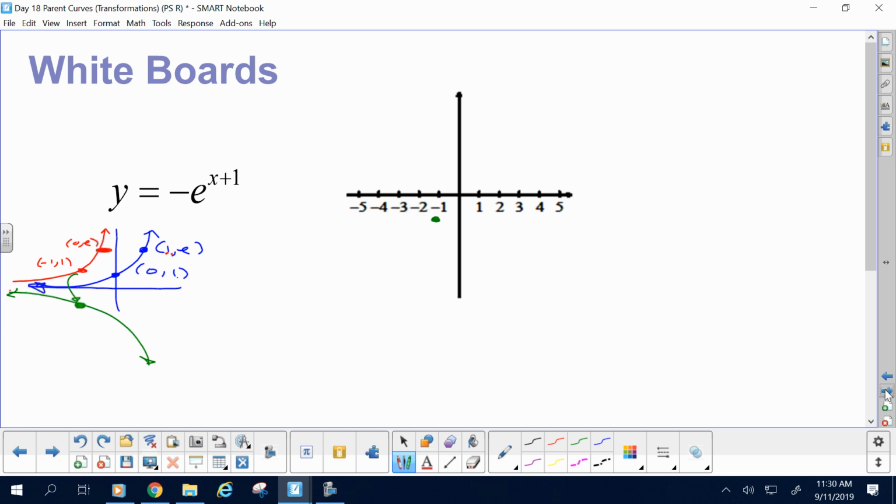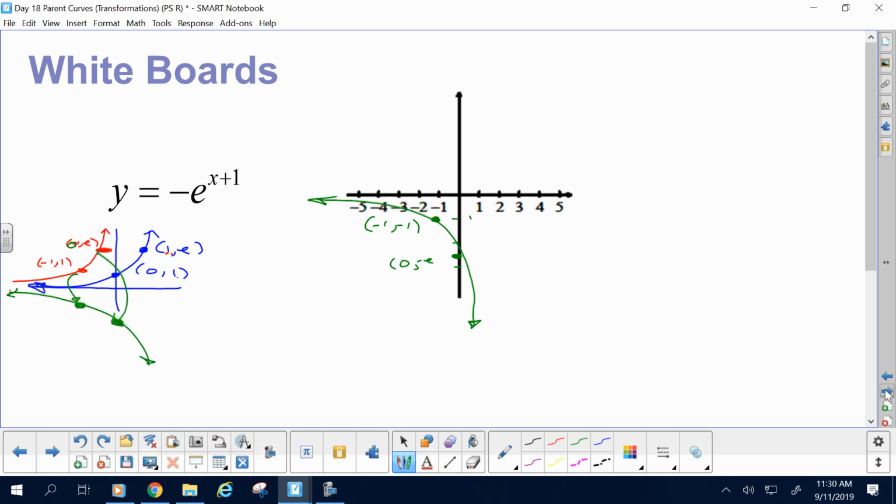And this point here, which was at 0e, gets made to 0, negative e. So that's 1, 3 maybe here. And it's still going to approach the y-axis like that, yeah? Negative 1, negative 1.